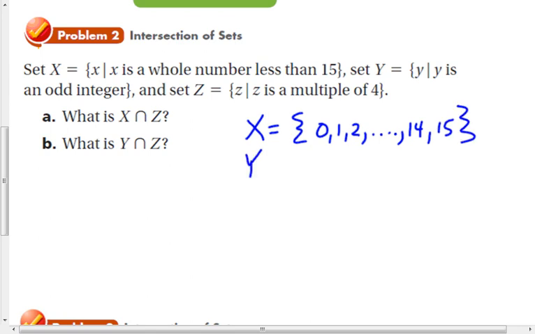All right, and then Y is odd integers. So to do odd integers in roster notation, odd integers can be negative numbers. So I'm going to do -3, -1, 1, 3, and they continue. That's what the ... is. And then Z is a multiple of 4.